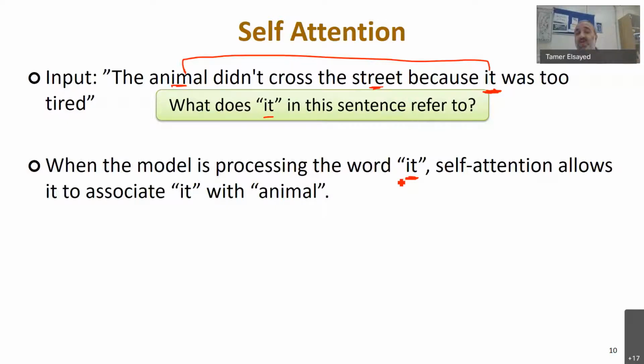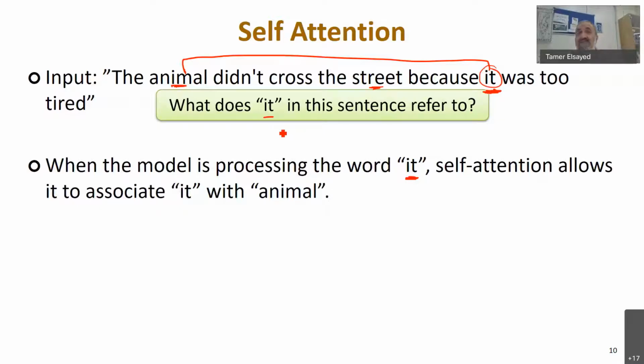This is what we call attention. So when we process "it", it attends to "animal". And of course, that is done for each word in the sentence.